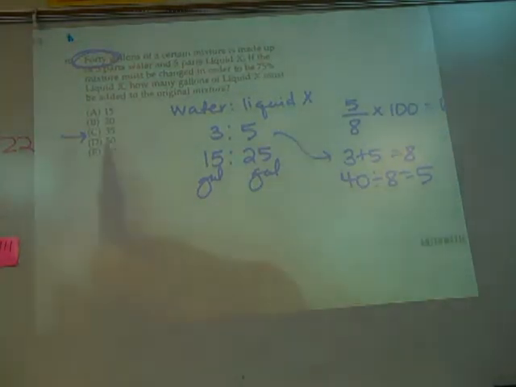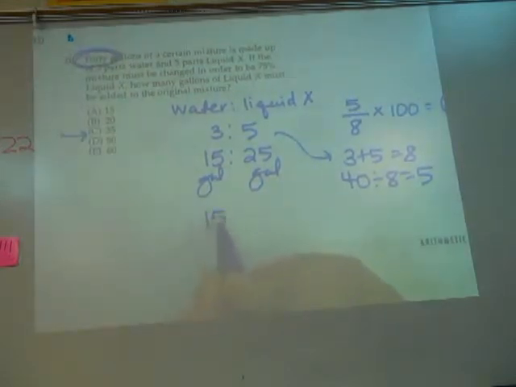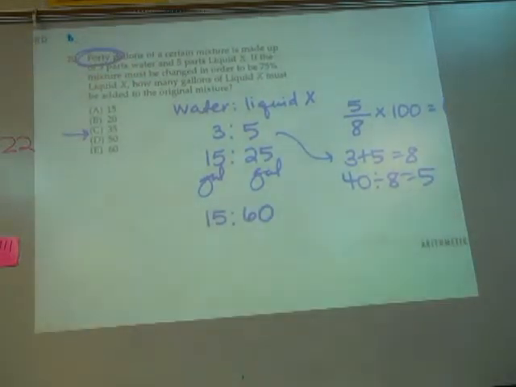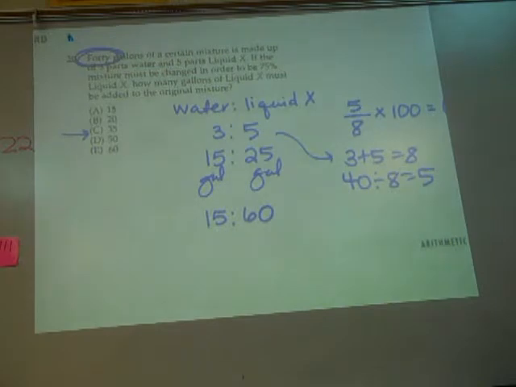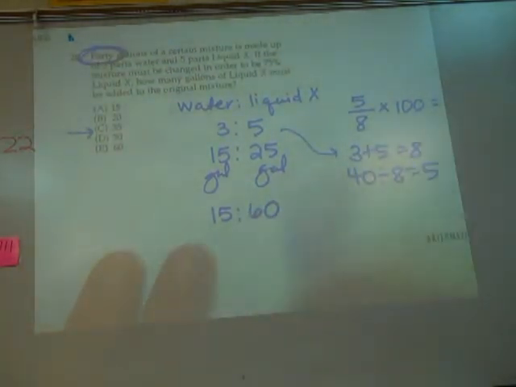All right, so let's say we're going to add 35 gallons of liquid X. If I add 35 gallons of liquid X, I'm still going to have 15 gallons of water, but now I'm going to have 60 gallons of liquid X. So now, what's the percent that's liquid X?